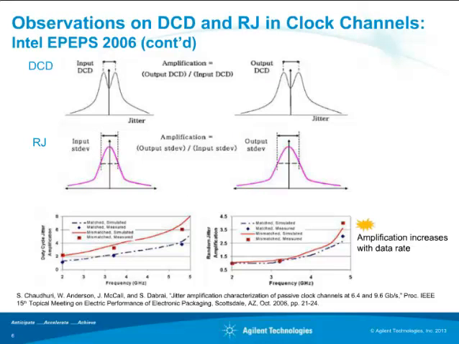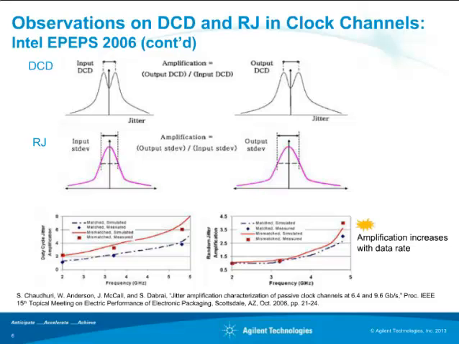And here is the result that was presented in the Intel study. They studied two effects, the DCD and RJ. For DCD, the amplification is measured by comparing the peak-to-peak DCD between the output and the input.